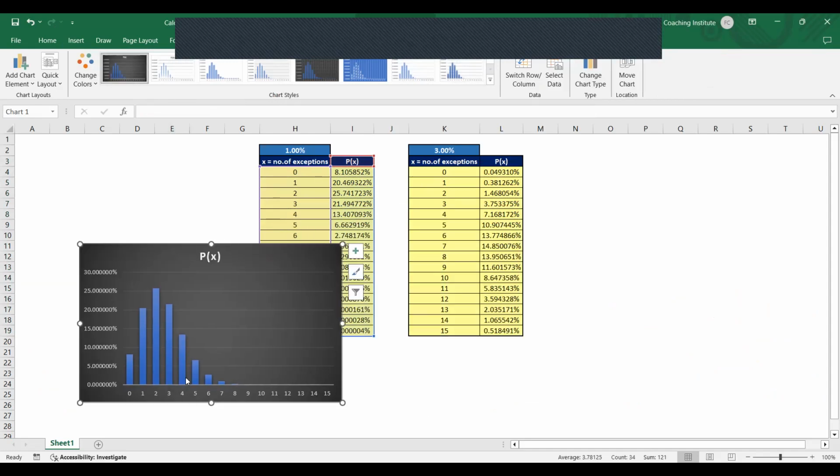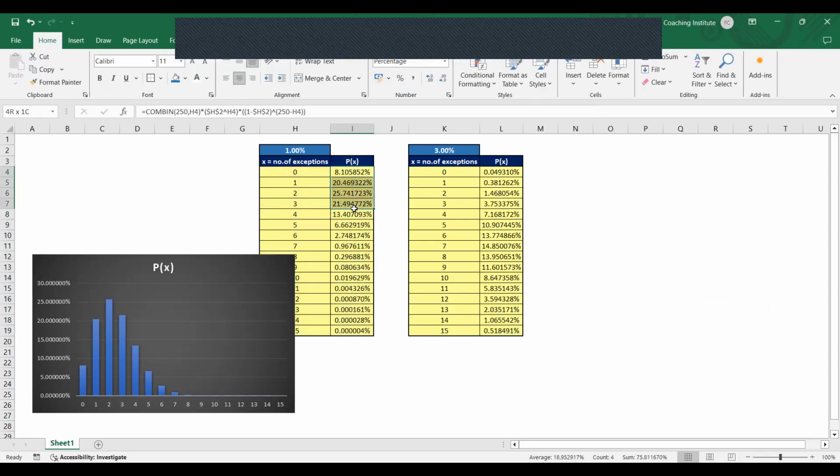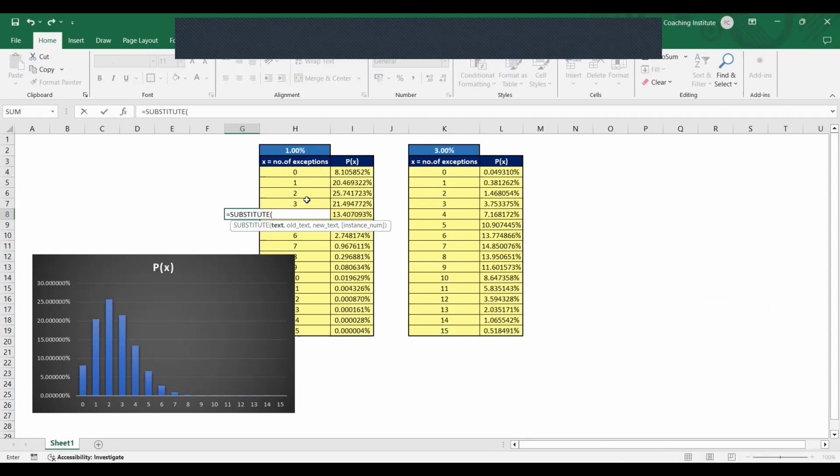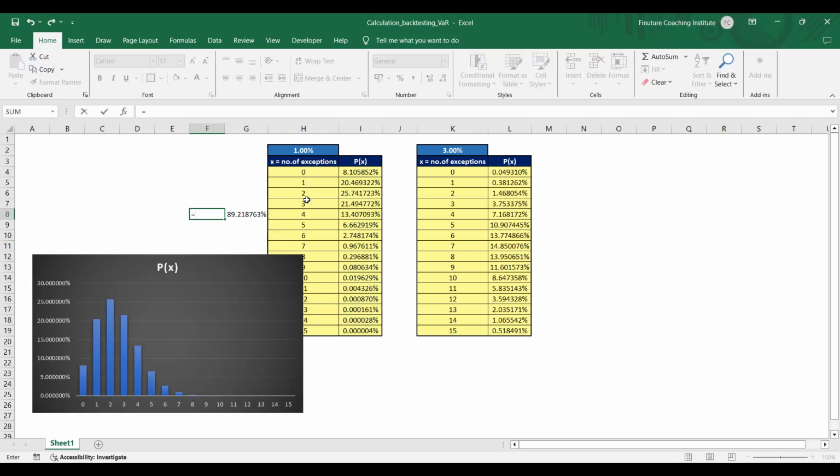Exactly 4 exceptions would have some probability, say 89%. Let me just add this up here. So this is your probability of actually getting 4 exceptions.